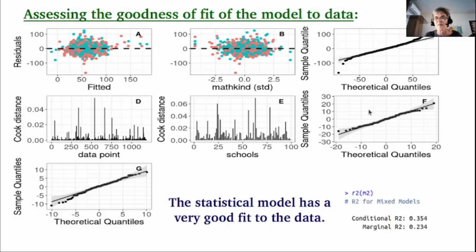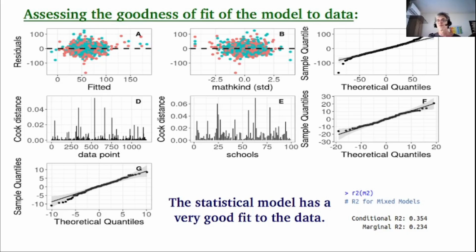to the data. So we can also obtain what is called the R2, the R square, that for mixed models comes in two parts, the conditional and the marginal. The marginal is the percentage of the variation of the response variable explained by the fixed effects, and the conditional corresponds to the percentage of the variation of the response variable explained by both the fixed and the random effects.